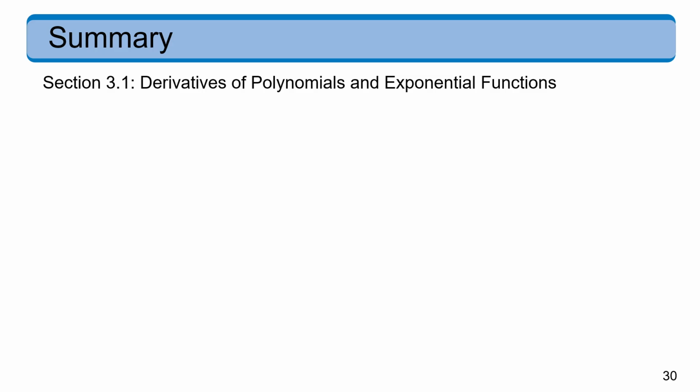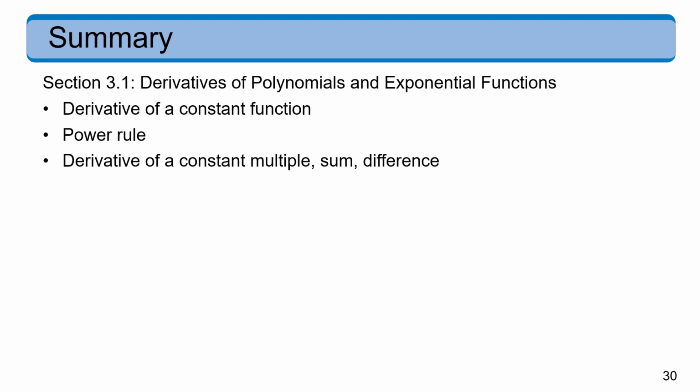Now we'll summarize what we talked about today. So we covered all of section 3.1 where we learned shortcuts for finding derivatives of polynomials and exponential functions. We worked our way up to polynomials, first by learning the derivative of a constant function is always 0. Then we learned the power rule, so we could take the derivative of any function of the form x raised to a constant power.